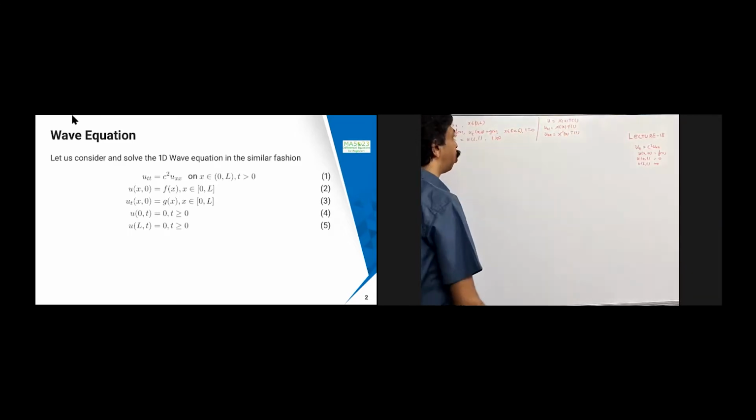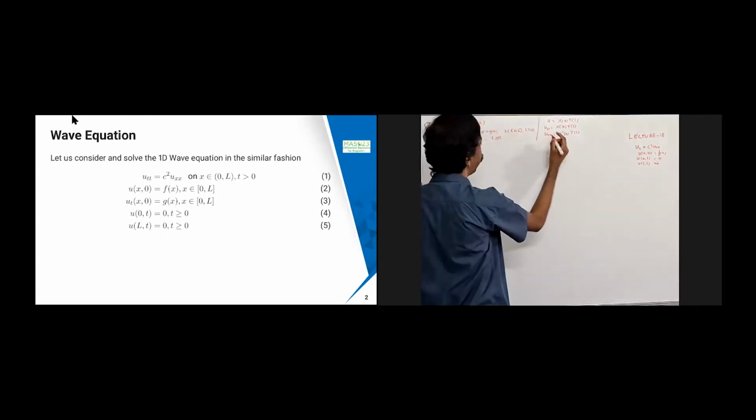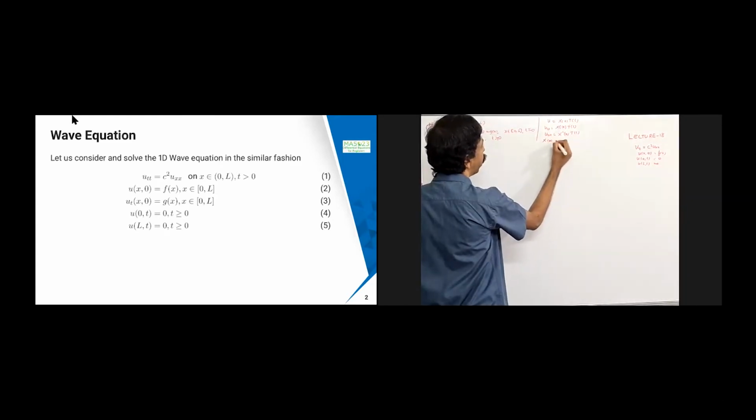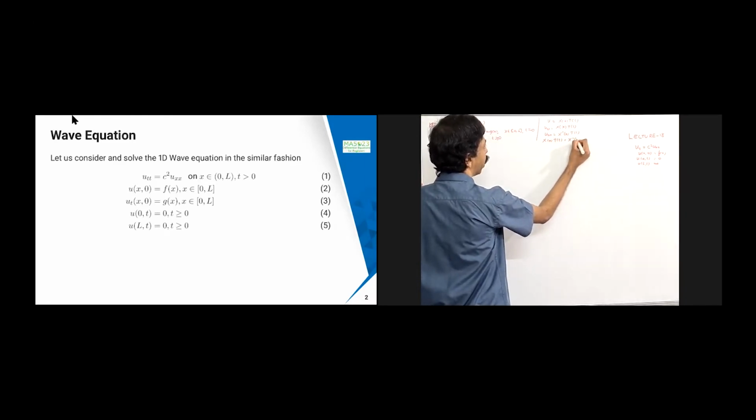If I substitute in this equation, we get X(x) into T double dot of t equal to X double dash of x into T of t.